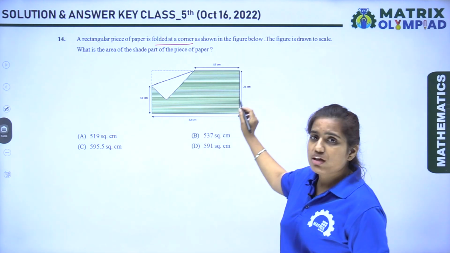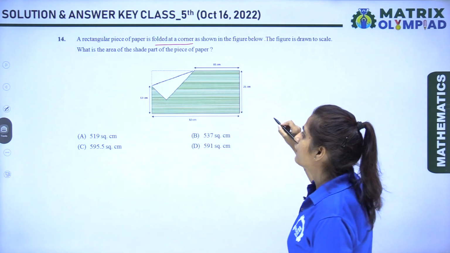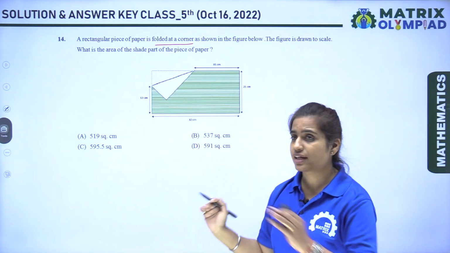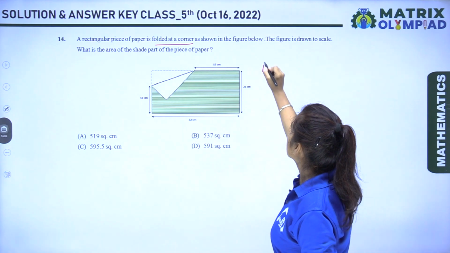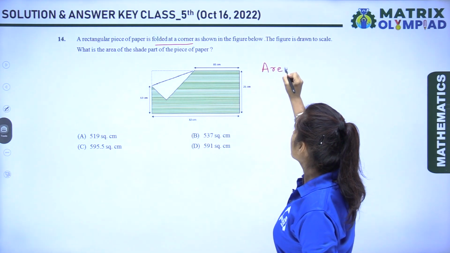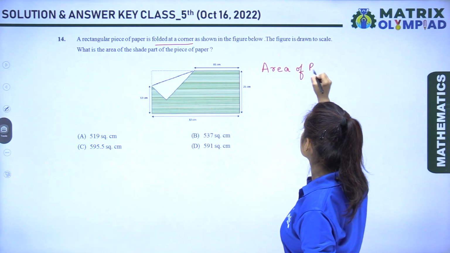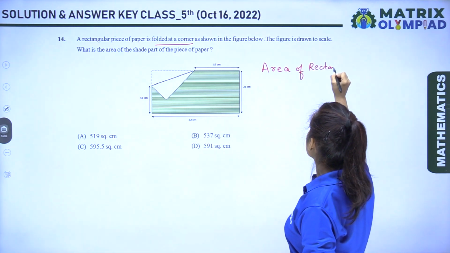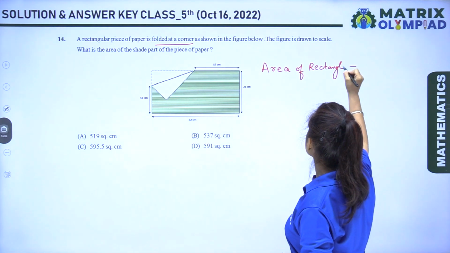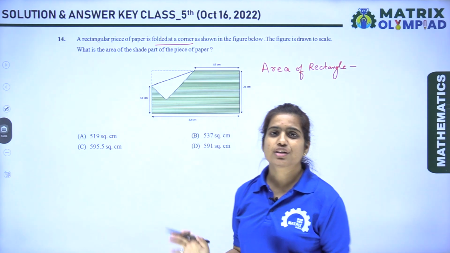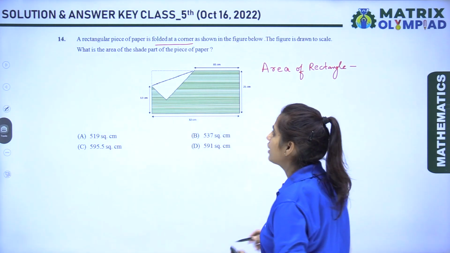To find the area of the shaded part, what do we have to do? We first find the area of the big rectangle, and after that we subtract the unshaded part from the given rectangle.